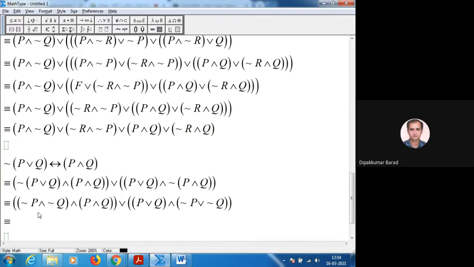So false and false. Again, not Q and Q is also false. So what do I get here? Okay, one more statement I write here. This is false. I can write this as not P and P, and this is not Q and Q. Okay, and this is as it is.